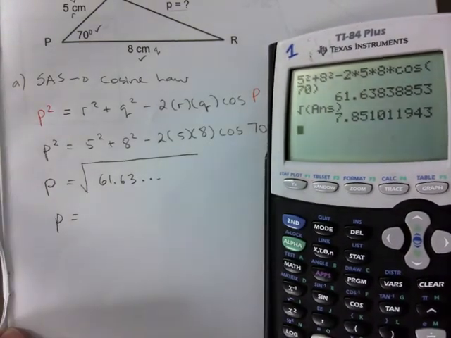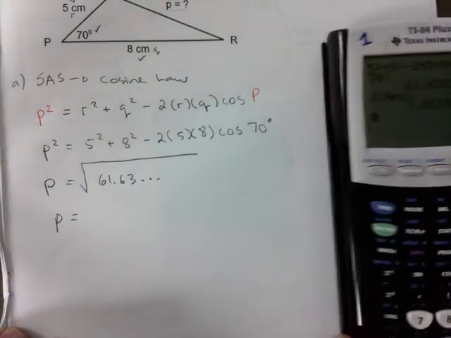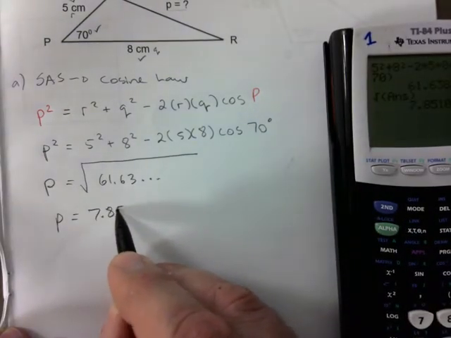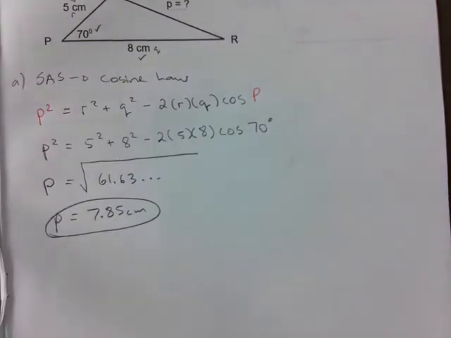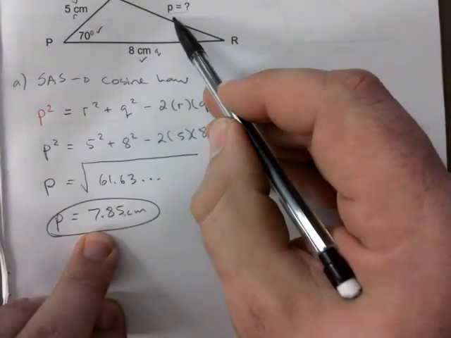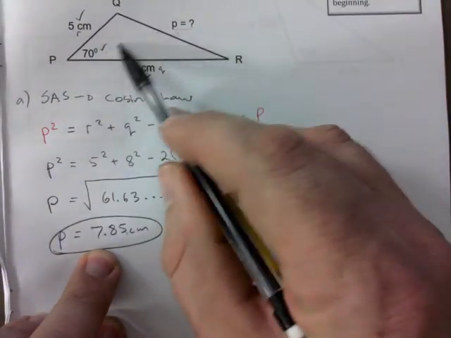And the answer is 7.85. Done. I know you want to go, but just do you have a pair now? Anybody? Do you have a pair? Yes, you do have a pair. This 7.85 is now known to us, so that's a pair.